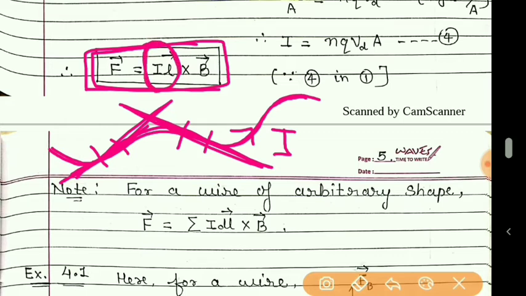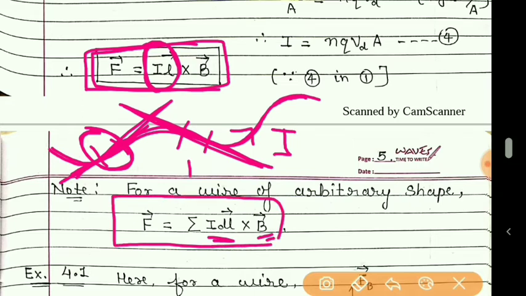So for such cases, what will we do? We will obtain the force on a small current element in a magnetic field. After obtaining the force on that small current element, we will add all such small elements and get the resultant force.